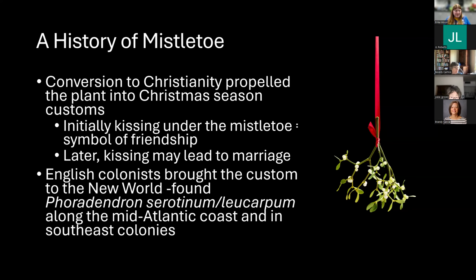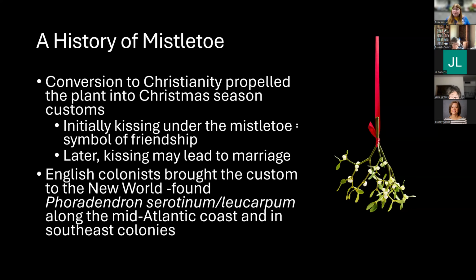So this tradition, of course, originates in Europe as we came over to the New World, to the Americas. The English colonists brought those customs with them. They discovered the native mistletoe that I talked about, the phoradendron. They found this along the coast and in the southeastern colonies.